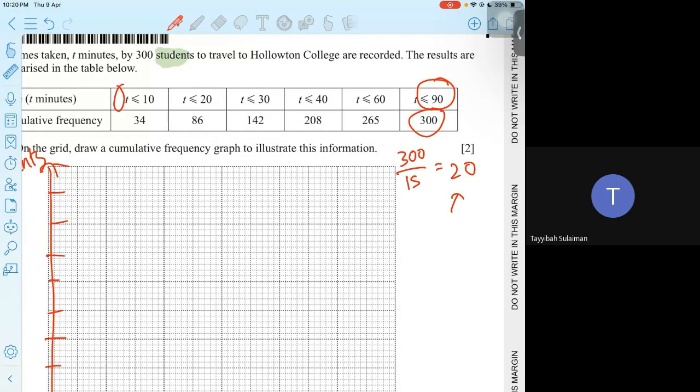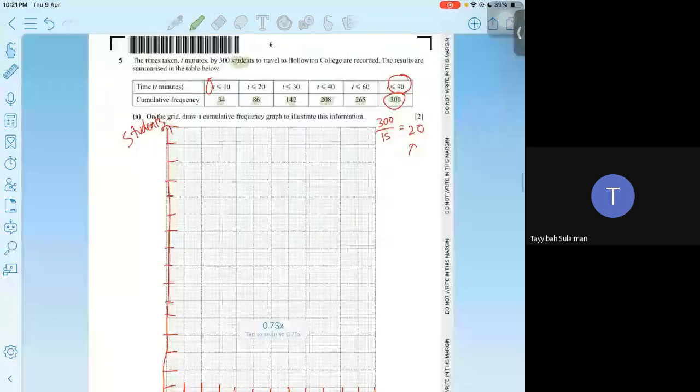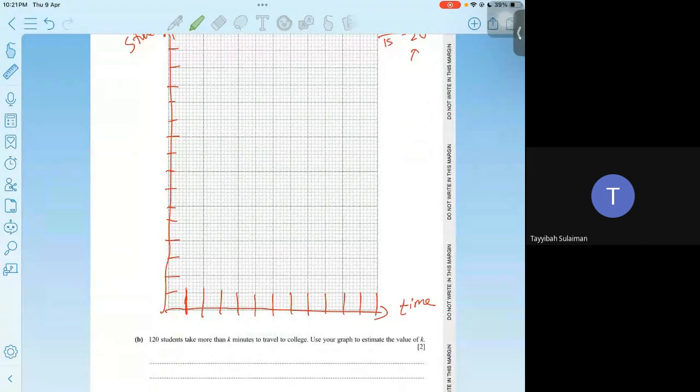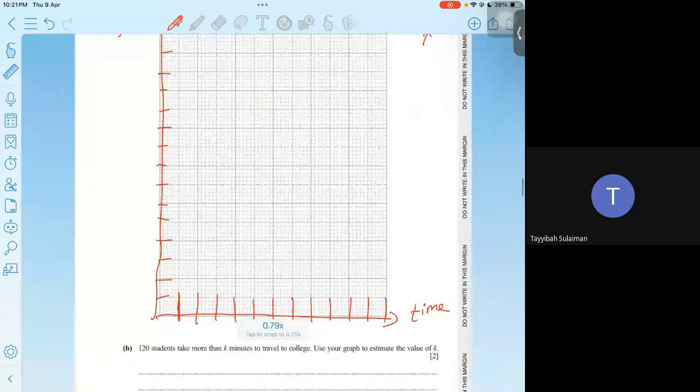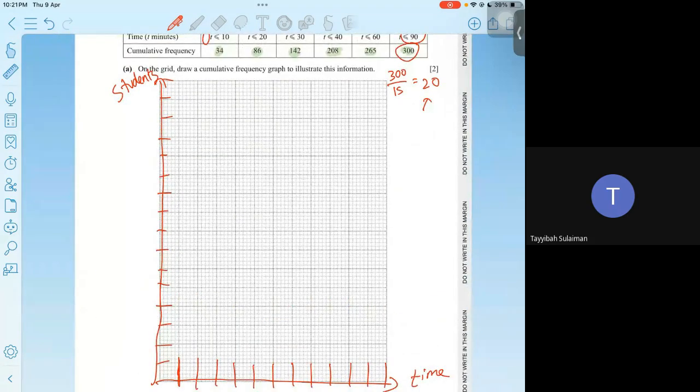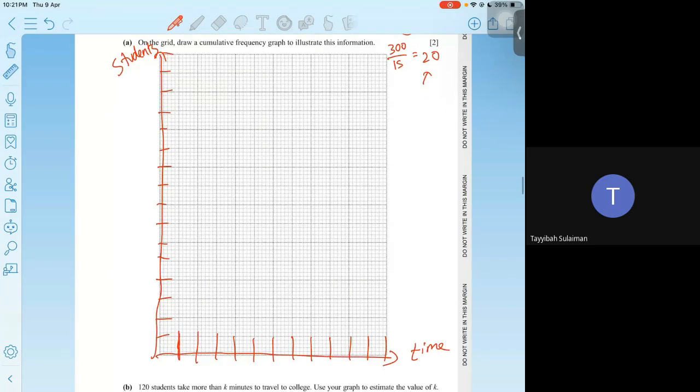The other way is taking way bigger intervals. Since you can see that this question has big jumps from 34 till 86, till 142, 208, 265, 300. These are very big jumps. So I don't necessarily need to use all of the boxes that way. What I can do is just take turns of 50s, let's say. Since I have 15 boxes, for every 2 boxes, I could have 50.